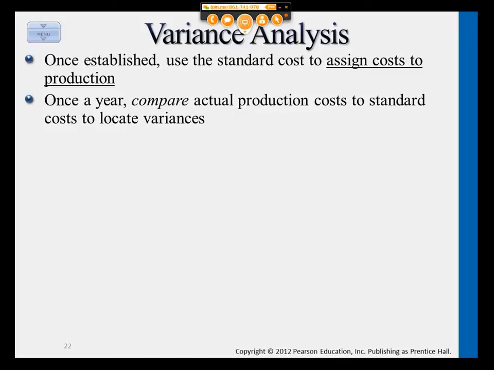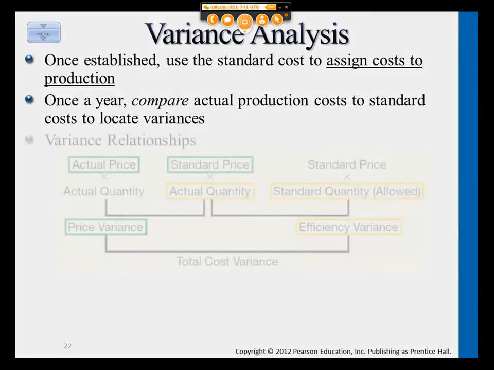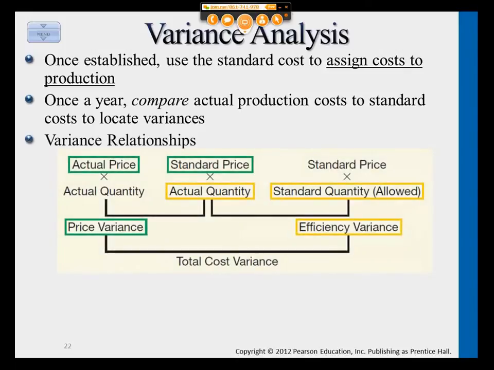We can use these standards to assign this cost to production. At least once a year, we compare our actual production cost to standard cost and see what the differences are, to see how we can change the process. All right, so let's look at this variance relationship.